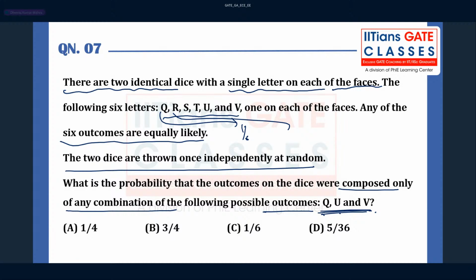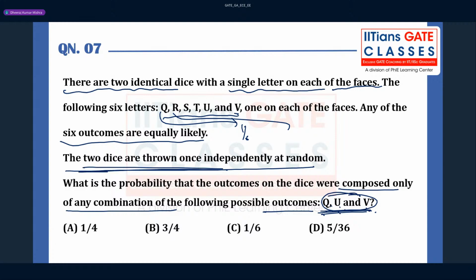So which answer can be correct here? You want only Q, U, V. There are 6 total, and out of 6 you want QUV. So if you want this combination, what is the probability here? You can say 1 by 6, 1 by 6, 1 by 6. And you're going to throw the dice 2 times.